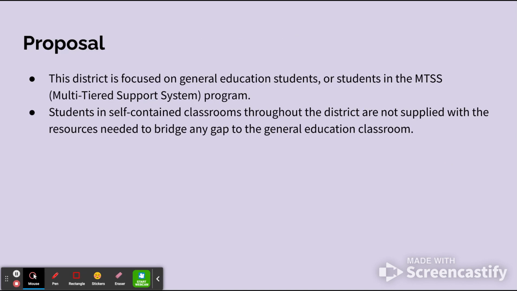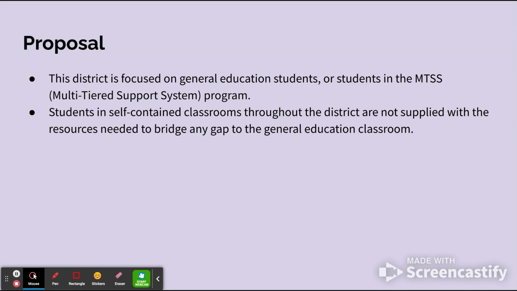My district is heavily focused on the general education students or students in the MTSS program. These students in the MTSS program are typically in a resource special education classroom, and the district is working on bridging the gap between these students and the general education level.